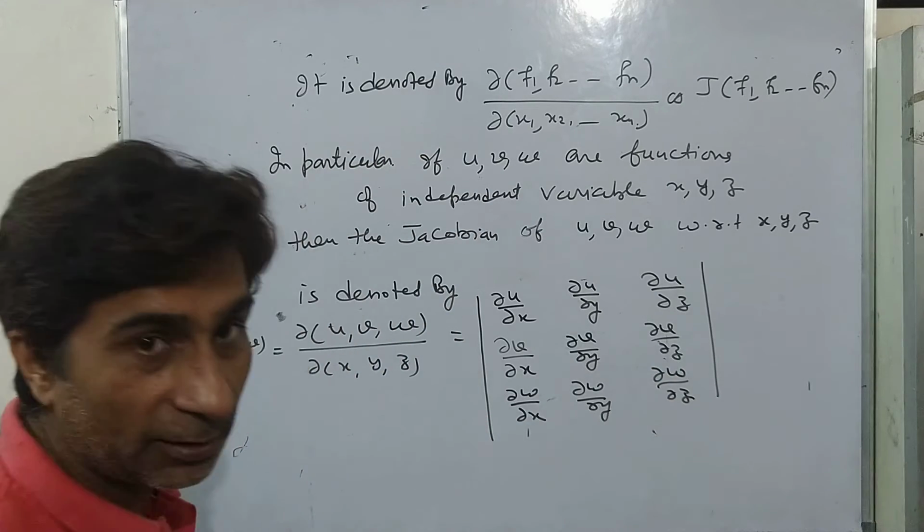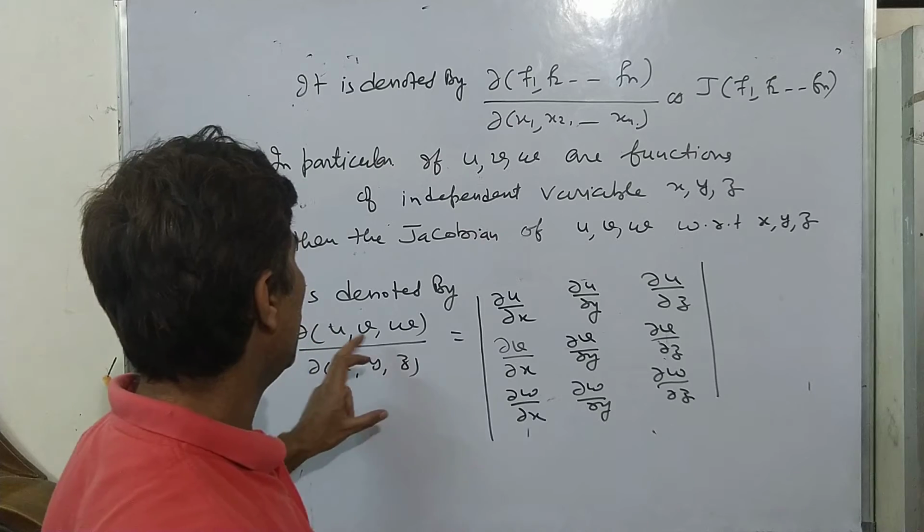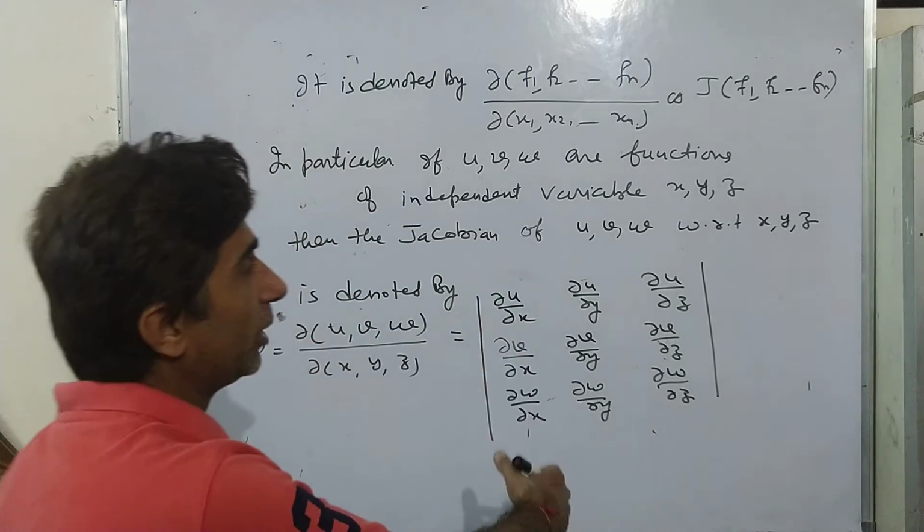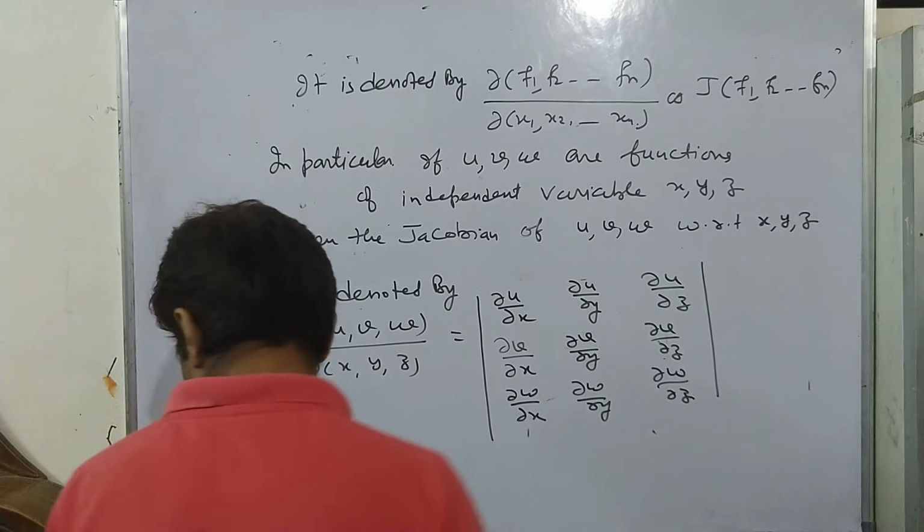This determinant is called the Jacobian of u, v, w with respect to x, y, z. Similarly, we can do the case for two functions in two variables.